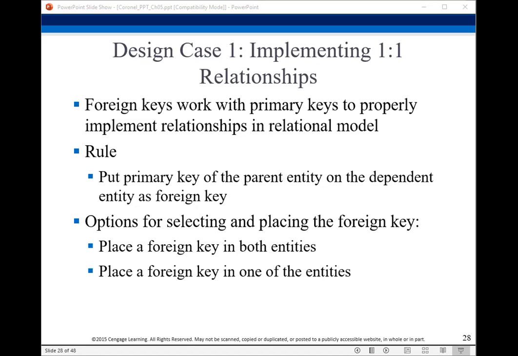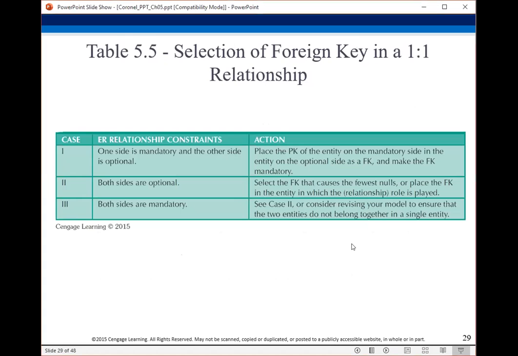Another thing we have to consider in database design is implementing one-to-one relationships. Typically, a one-to-one relationship is implemented just as you would with a one-to-many, where you put the primary key of one of the tables in the other table.